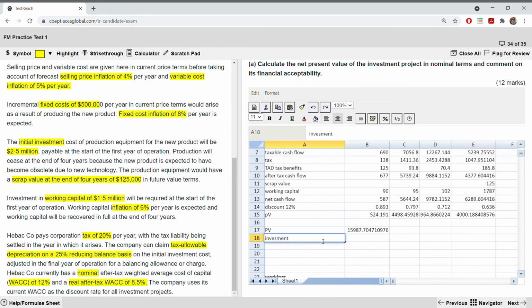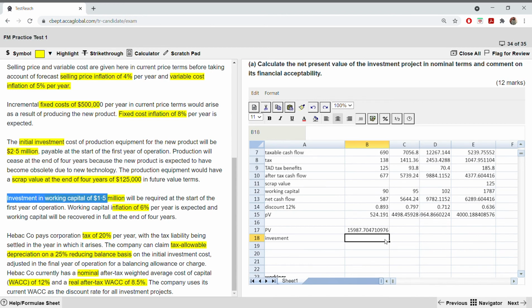So what was the investment? It is 2.5 plus 1.5. Don't forget to take your working capital. Whenever you are investing anything at the start of the operation, whether it's working capital or initial investment, both need to be added for you to minus it from present value. 2.5 plus 1.5, so it is 4,000.